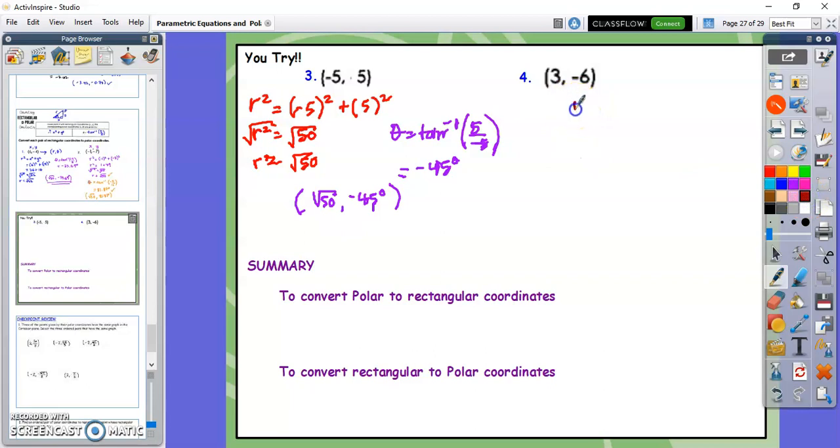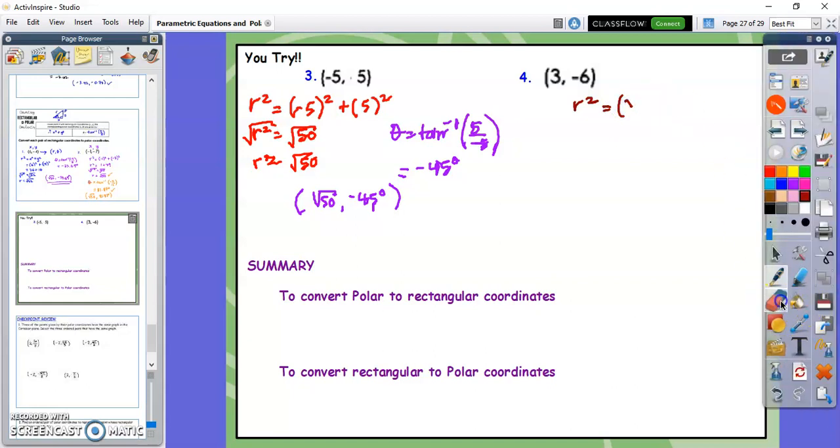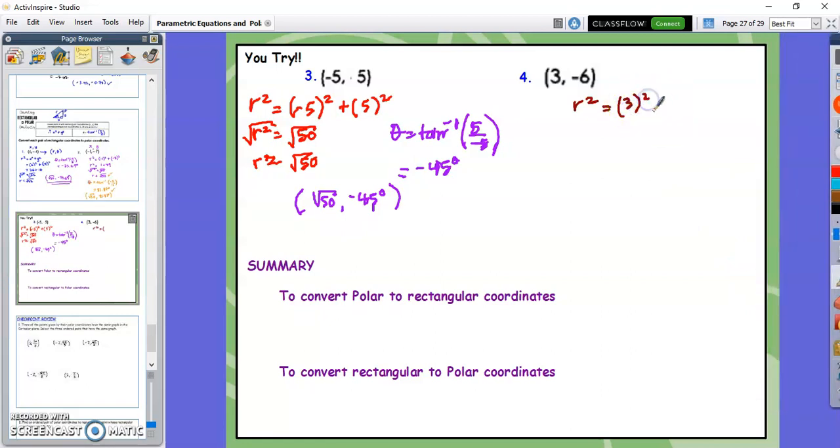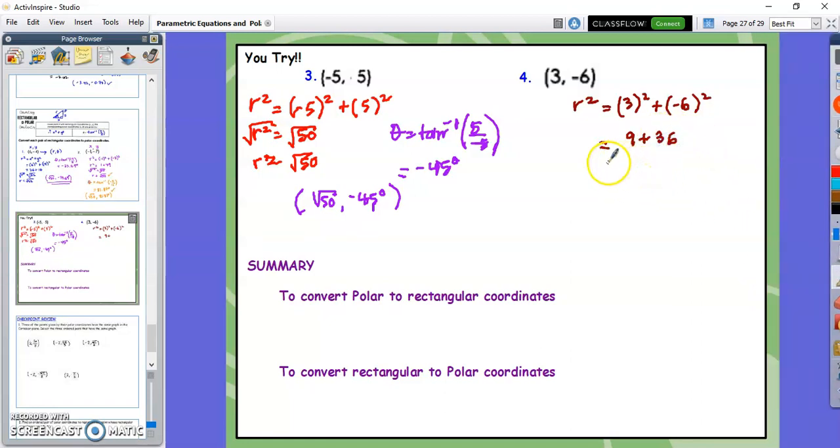All right, next one, number 4, I have 3 comma negative 6. So you already know that your x is 3. So I'm going to put 3 to the second power plus negative 6 to the second power. So I got 9 plus 36, sorry. That will give me 45.